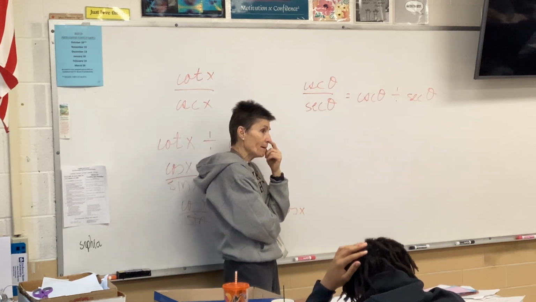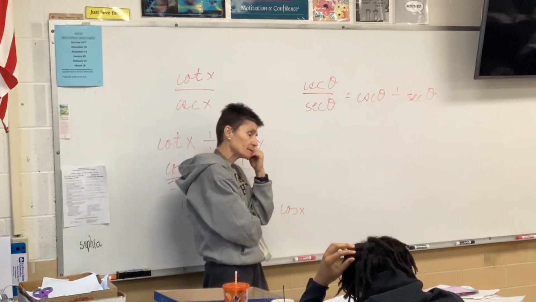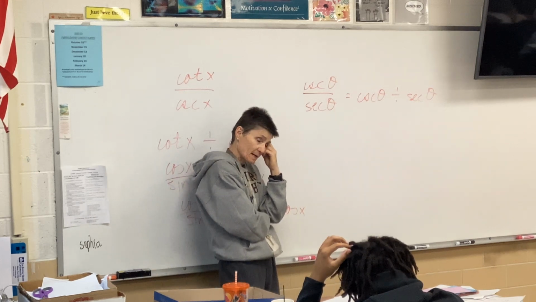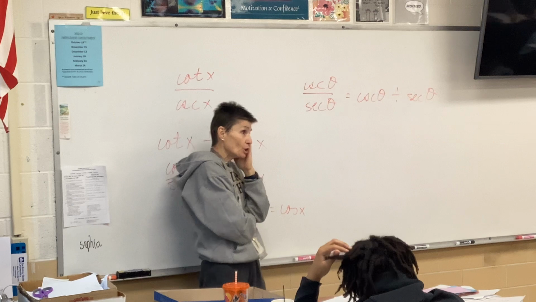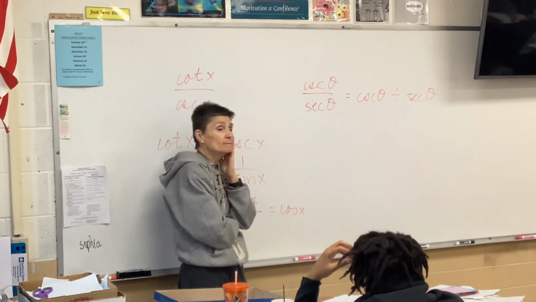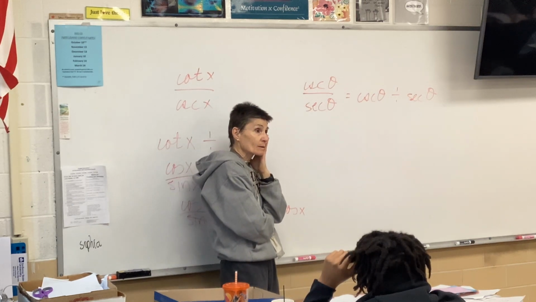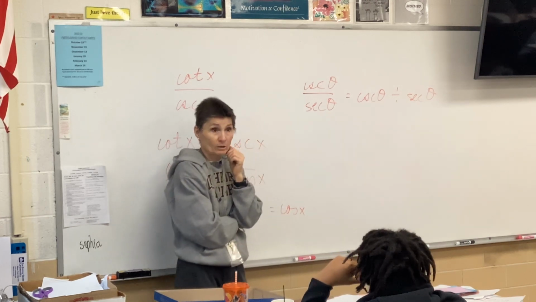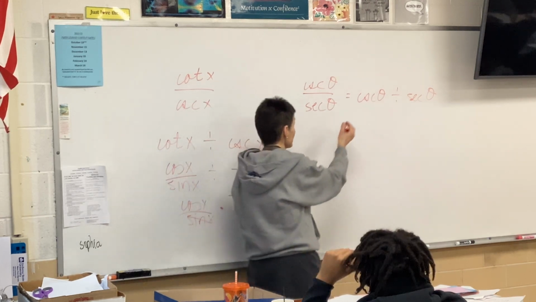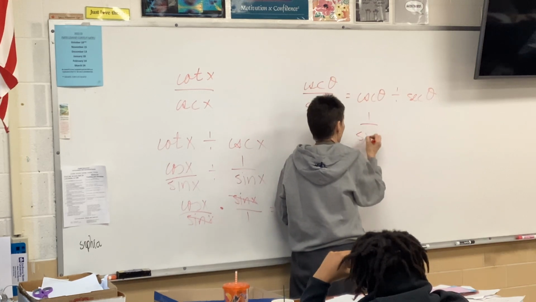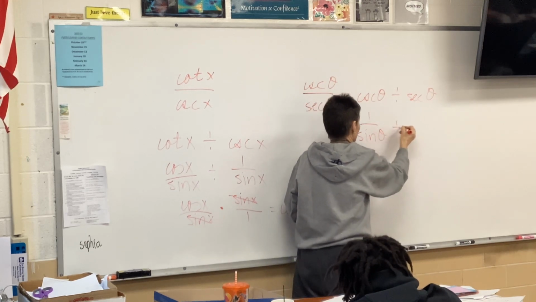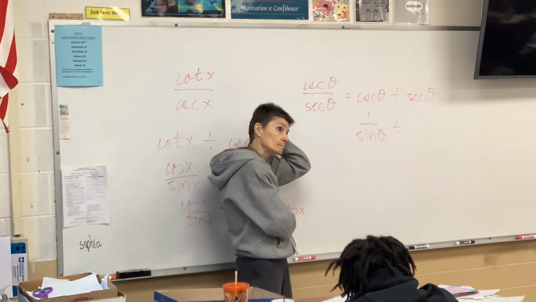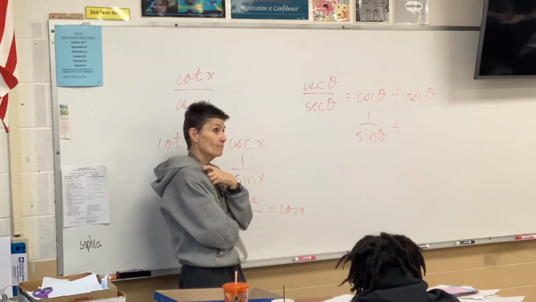And then I have to remember, and this has to be in my memory bank. I mean, like I said, I don't care if you write it on your sheet now, but you need to memorize this. What is cosecant? Cosecant is the reciprocal of sine. So this is going to be 1 over sine. Is that okay?